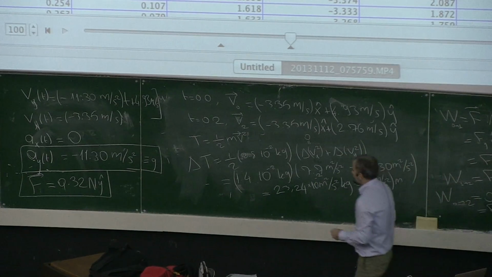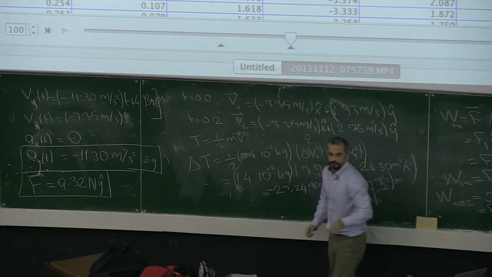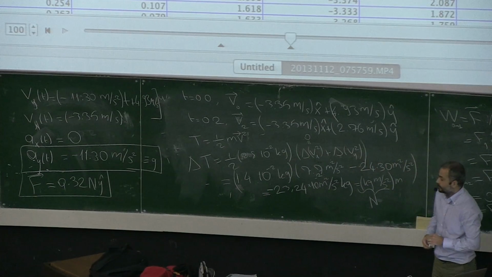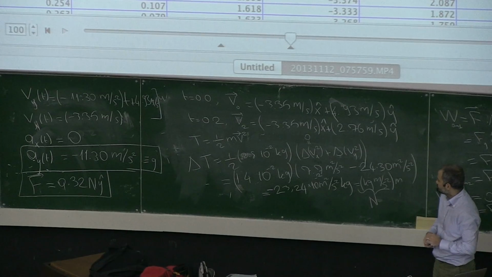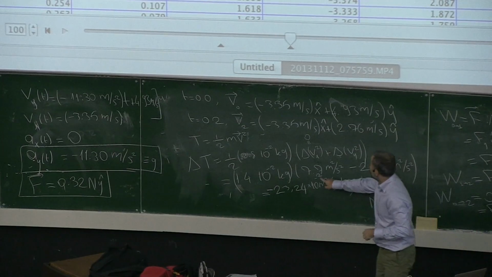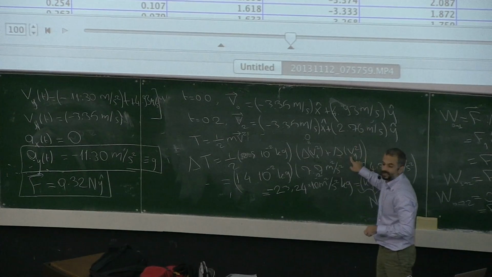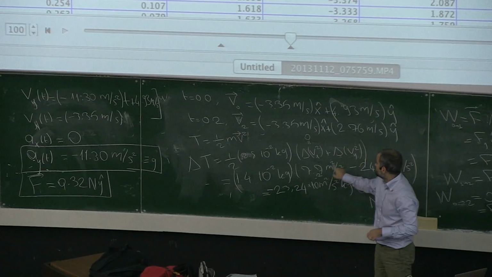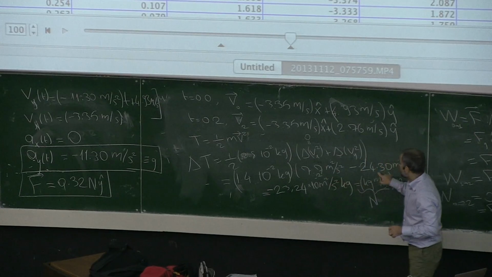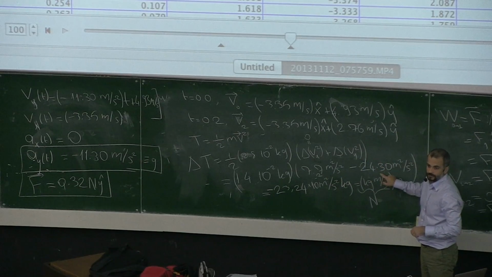And by the way, I missed the minus sign. So 7.7 is 2.76 squared. The x component is 0; I'm calculating the y one only. This is the final value of Vy squared, and this is the initial value of Vy squared.